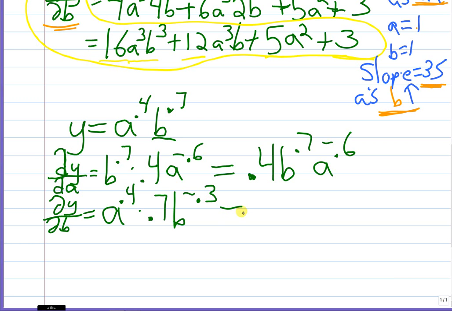And again, we could just rearrange those terms. Normally we'll put the constant out in front, a to the 0.4, b to the minus 0.3. And there you have it. That's the idea behind partial derivatives.